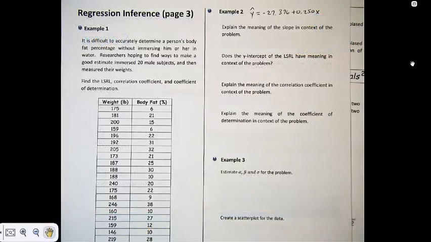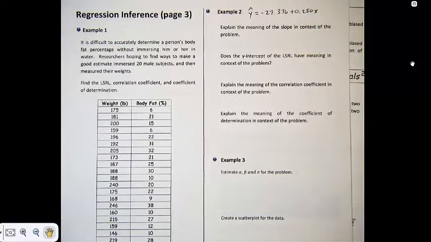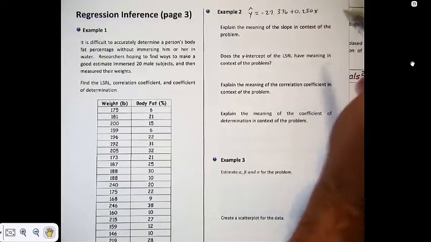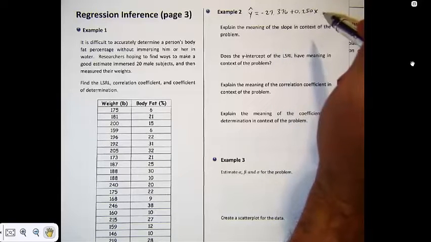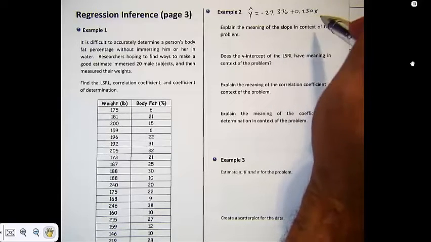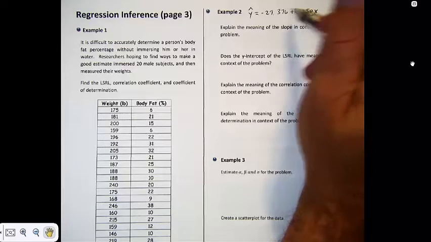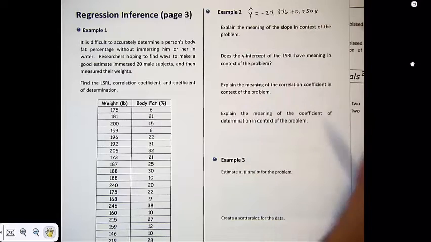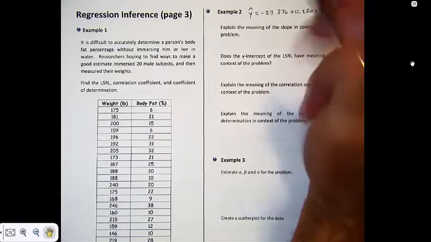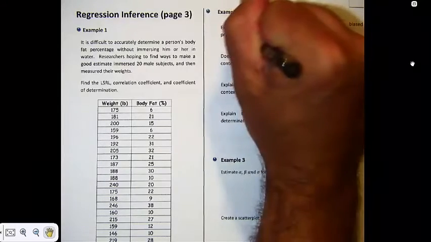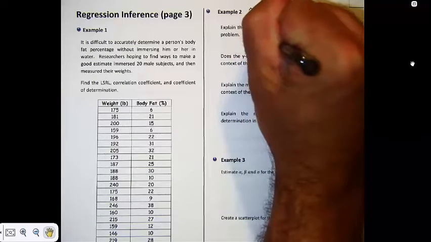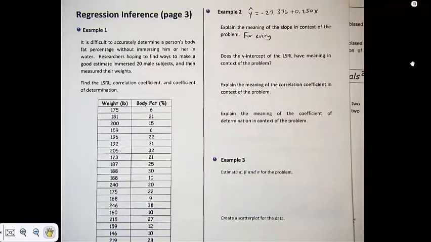Okay, so in example 2, let's start with the meaning of the slope in context of the problem. Remember, once we have our least squares regression line, we're going to say that for every 1 unit increase in x, there's going to be a slope increase or decrease in y, depending on the sign of the slope. Recall x was weight measured in pounds.